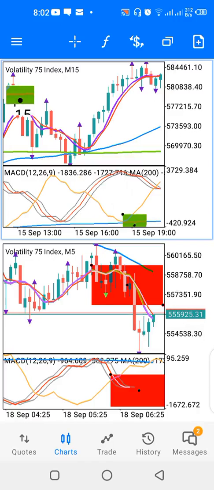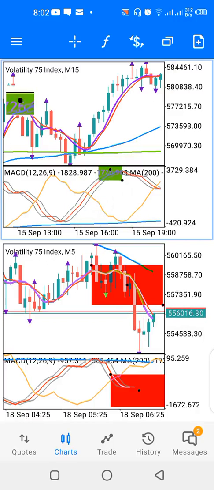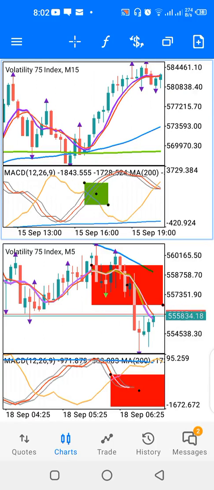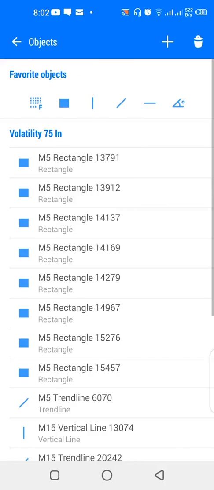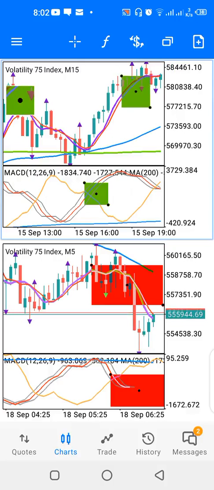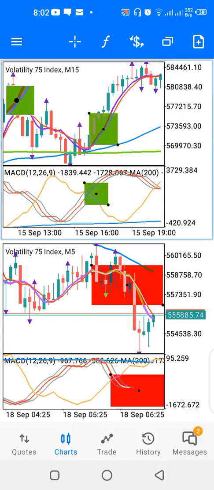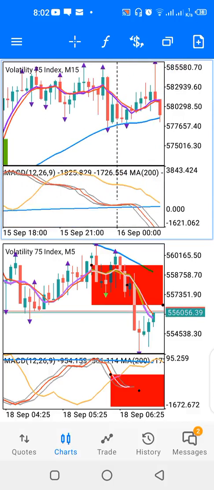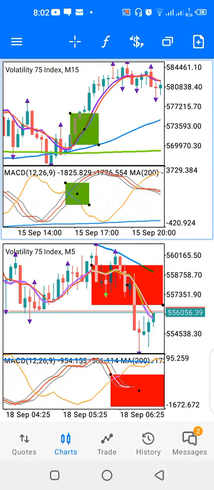There's the blue line. Then you have a cross up above the orange line, above the blue line, and that is when to buy. And of course, on the main chart, you can see what happens: the price is going up. This strategy is for scalping, for when you want to scalp a few points on the volatility index.